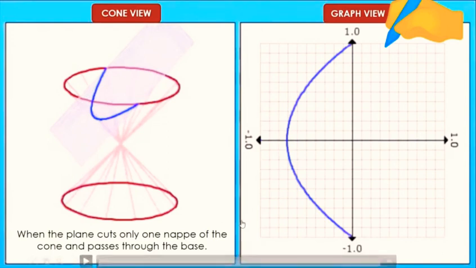Now we have observed that when this plane cuts only one nappe of the cone and it passes through the base, the figure being formed is what we call a parabola.